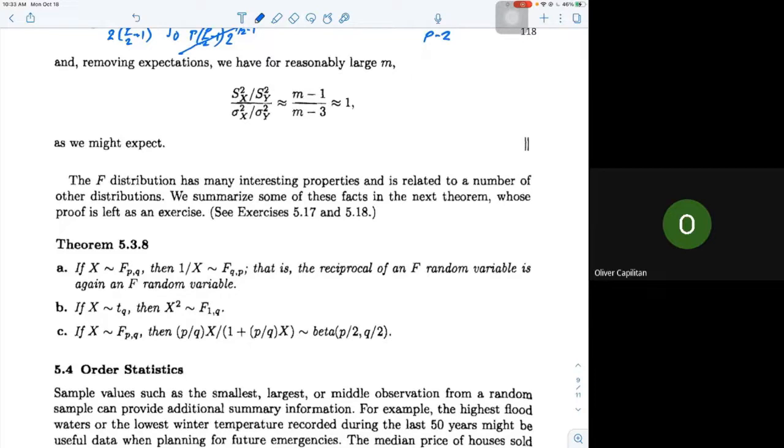Then second property, if X has a t distribution with q degrees of freedom, then the square of X will have an F distribution with 1 and q degrees of freedom. And then the third one, if X has an F distribution with p and q degrees of freedom, then this expression, p over q times X divided by 1 plus the quantity p over q times X, will have a beta distribution with p over 2 and q over 2 parameters.